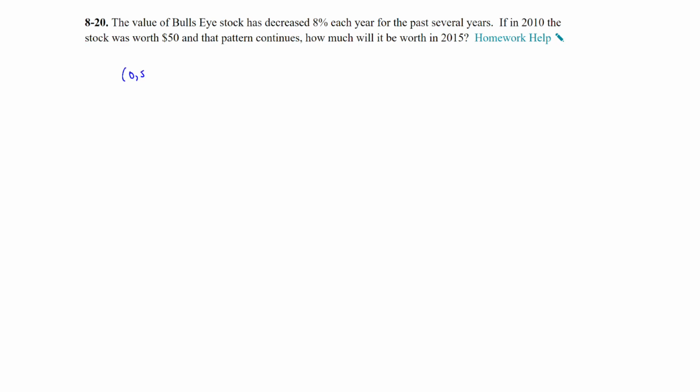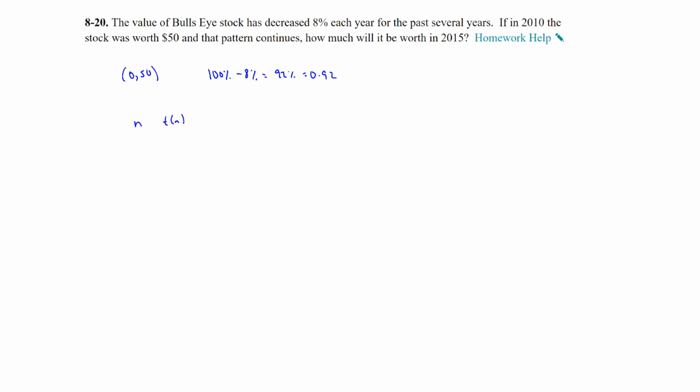So our initial value starts at $50. And we have 100% to start, but it decreases 8%. So that would be 92%, or as a decimal, 0.92. So we have our multiplier, we have our initial value of 50, and it wants to know what will happen in 2015.